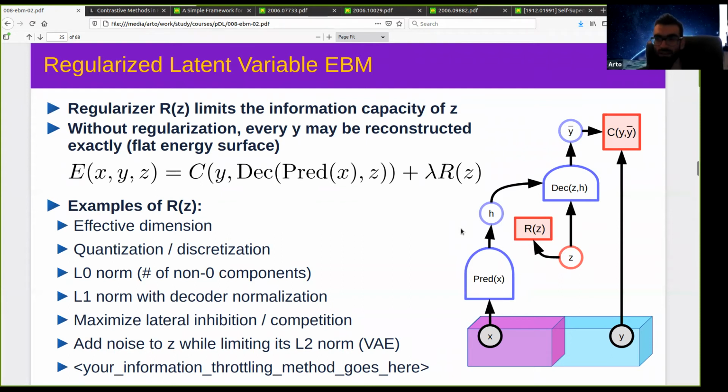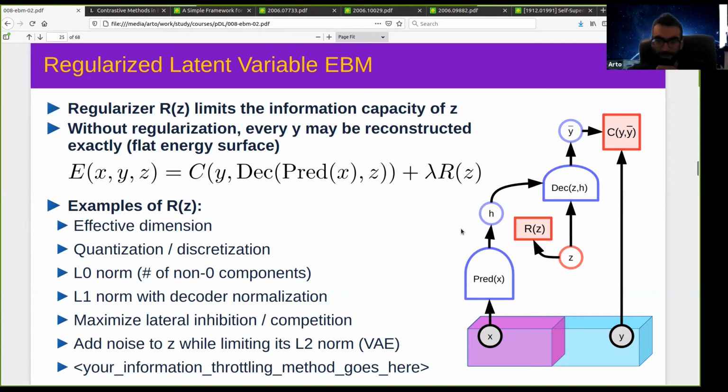So the number of degrees of freedom would be approximately 50, and it is reasonable to set the dimension of z to be 50. But that's all great, but the problem here is we don't usually know the underlying number of degrees of freedom for our data distribution, right?